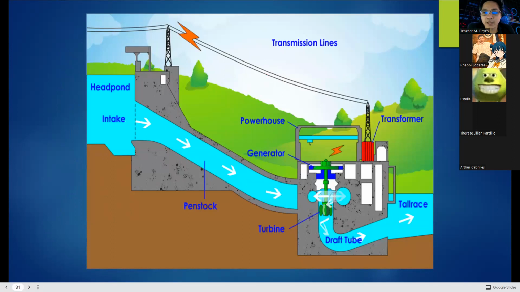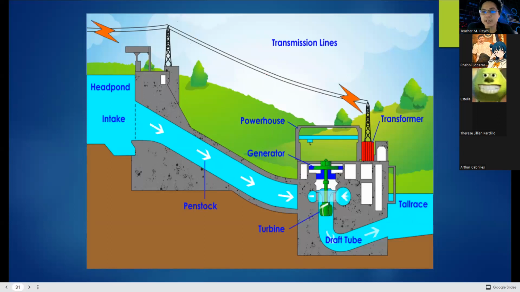The electricity generated by the generator goes to the transformer with a higher voltage, going to the transmission lines.